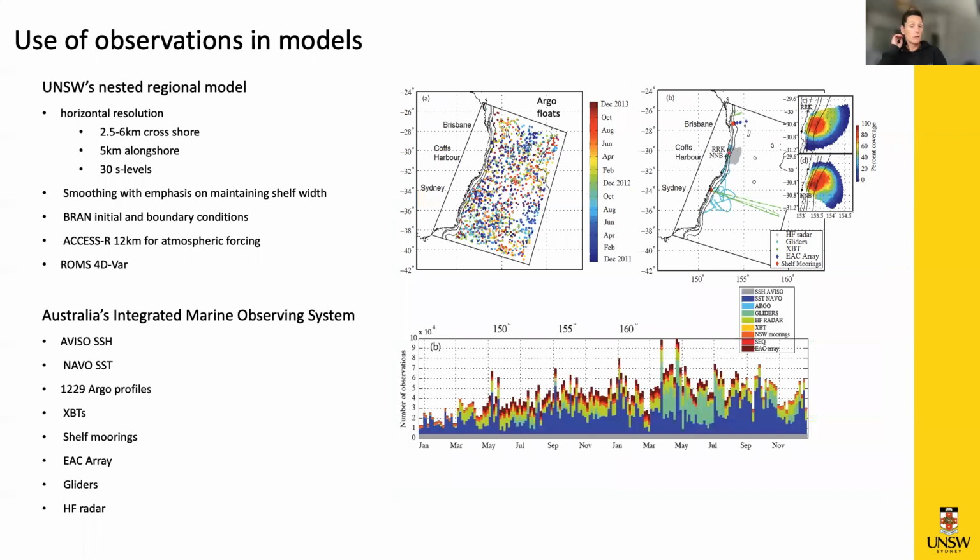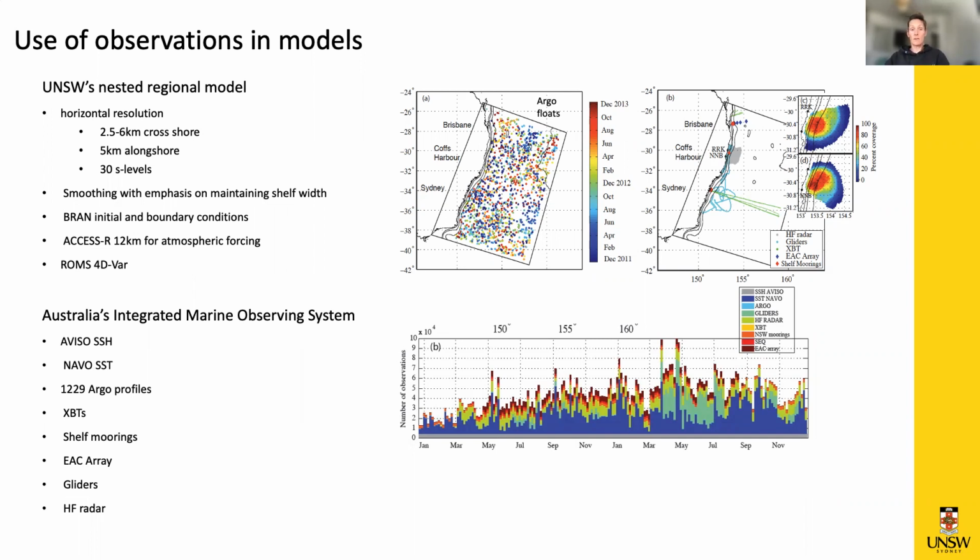Moving down to the scale of the EAC system, we've developed a high resolution regional model, which is nested inside this global model developed by the BOM and CSIRO. This regional nested model has a horizontal resolution that varies in the cross-shore direction, with a resolution of 2.5 kilometers over the continental shelf and slope, up to 6 kilometers offshore, with a smoothing, with emphasis on maintaining shelf width, which is thought to be key to EAC separation.